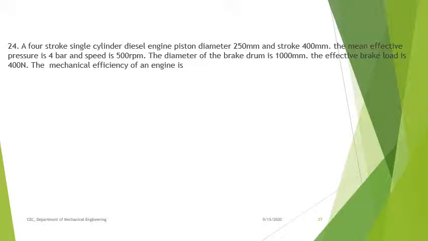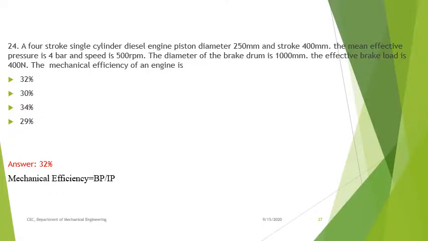The mechanical efficiency of an engine is 32%, 30%, 34%, 29%. The answer for this question is 32%. The mechanical efficiency of an engine is calculated by the formula ratio of brake power to indicated power.